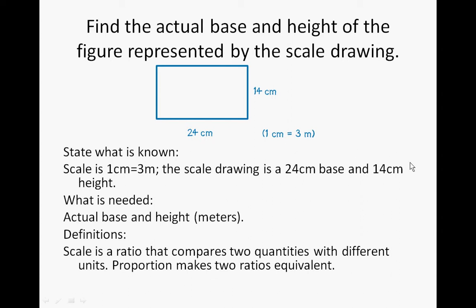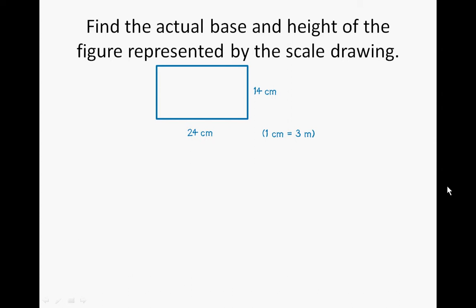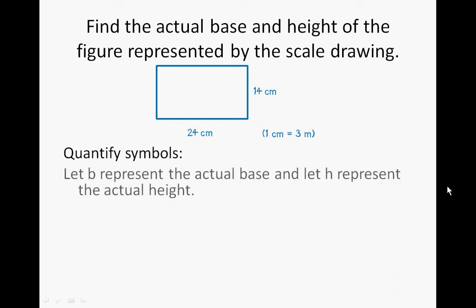And we are going to set up a proportion to make the two ratios equivalent. Now that we have set that up, we want to quantify our symbols. This is actually going to be two problems because we want to find the actual base and the actual height. So we're going to let B represent the actual base, and we're going to let H represent the actual height.